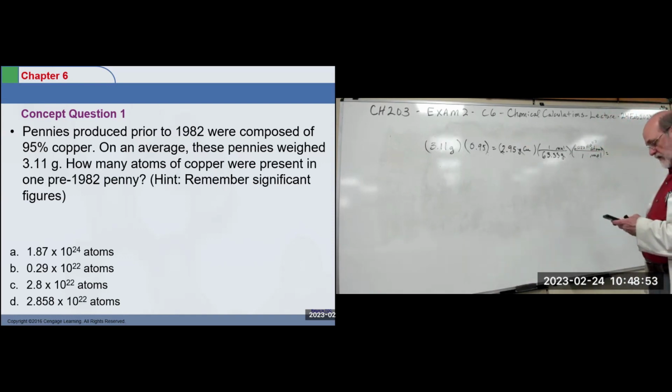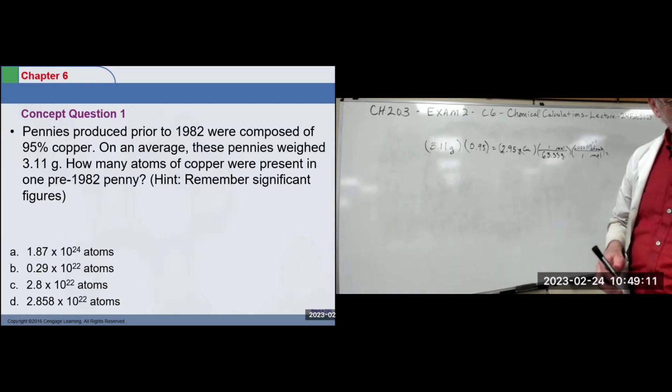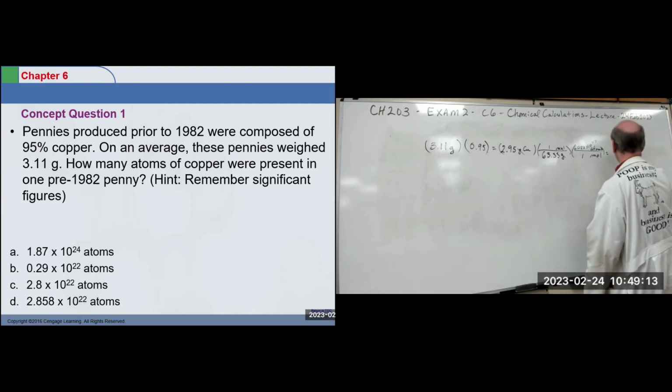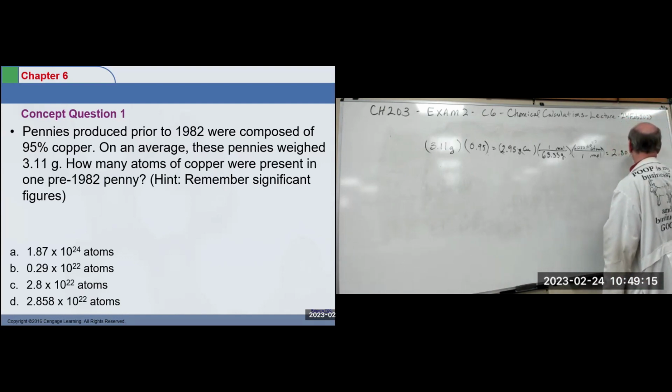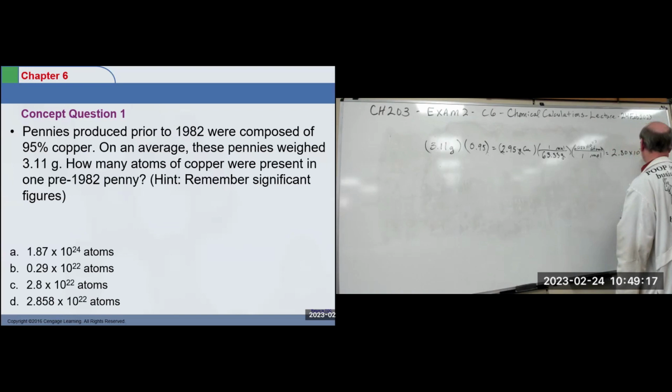So we'll take that divided by 63.55, and then times 6.022 times 10 to the 23rd, which is 2.80 times 10 to the 22nd atoms.